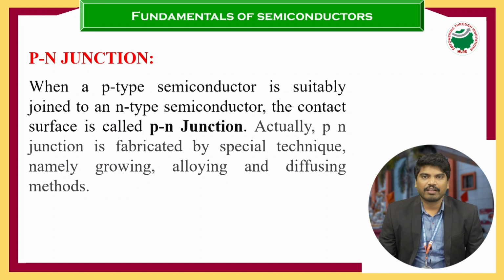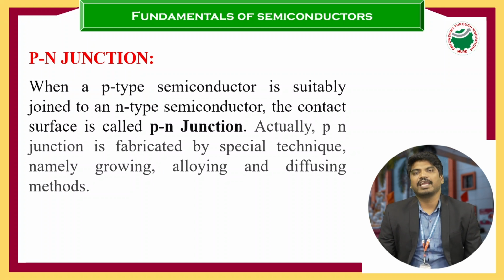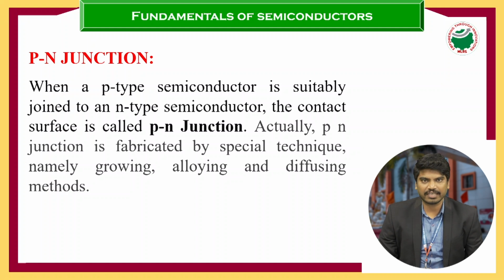Now, we all know the difference between drift and diffusion currents, which we have clearly learned in the last class. Okay, diffusion means the flow of charge carriers from the higher concentration to lower concentration without any external energy. It is a natural process. I said, it is a natural process.